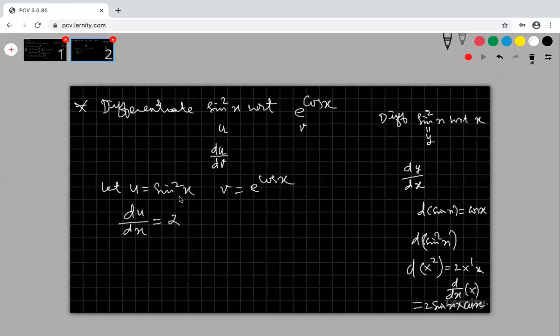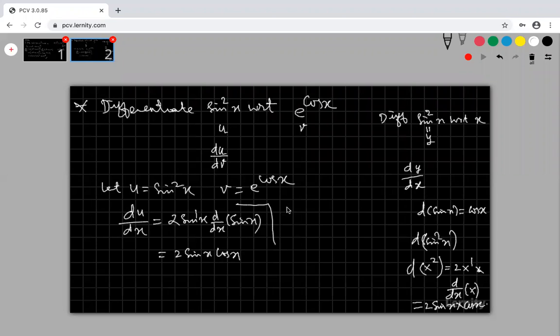So this is 2 sin x into d/dx of sin x, and the differentiation is cos x. Then what is d/dx of sin x? Here my sin x differentiation is cos x.